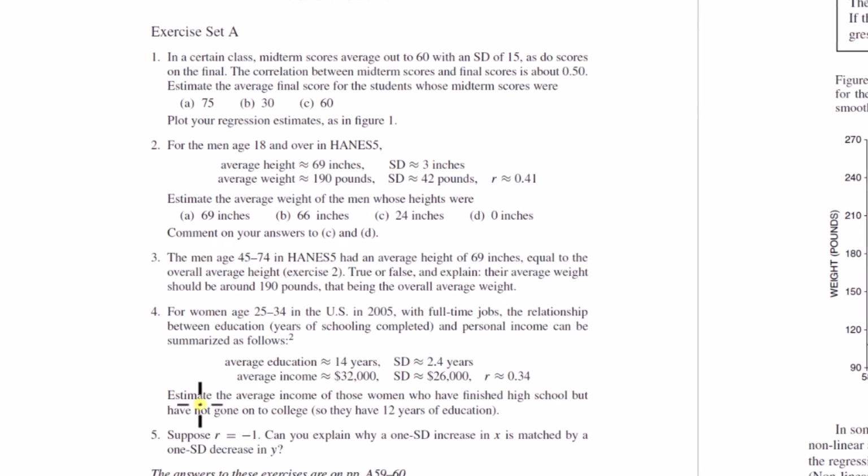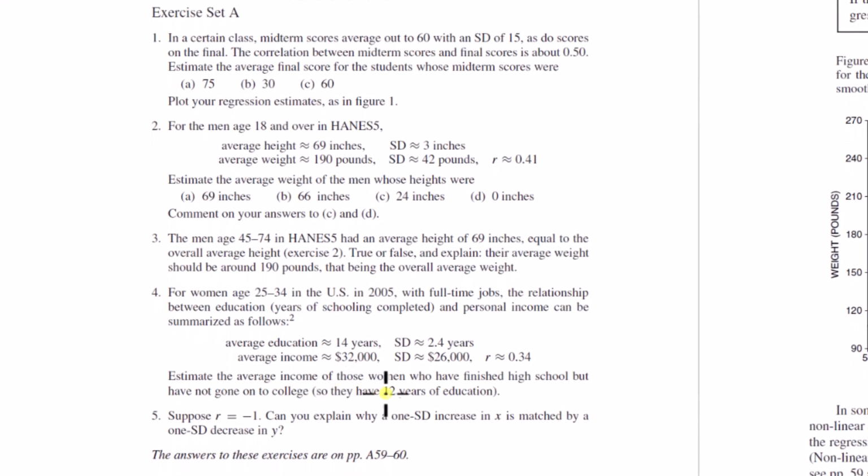If we come here, estimate the average income of those women who have finished high school but have not gone on to college. So 12 years of education. So the average income of those women in general, if a woman has only completed 12 years of education, so didn't go to college, what would you estimate the average income of those women to be? So with these questions, we were never honing in on a specific individual.